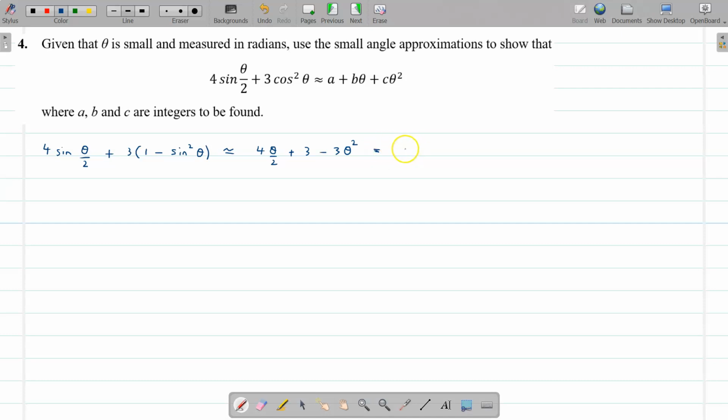If I write it as 3 plus 2 theta, just swapping the first two terms over, minus 3 theta squared, it's now presented in the order required here. So I can see that A equals 3, B equals 2, and C equals minus 3, and that's it.